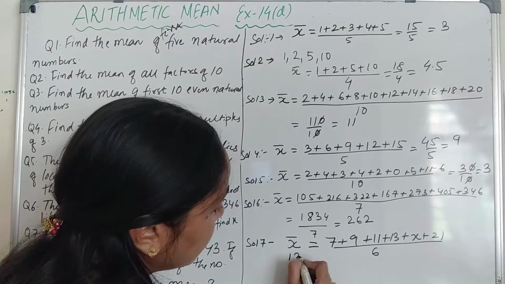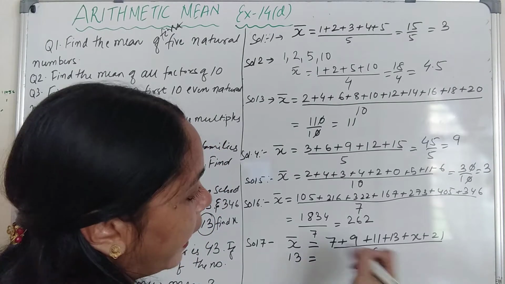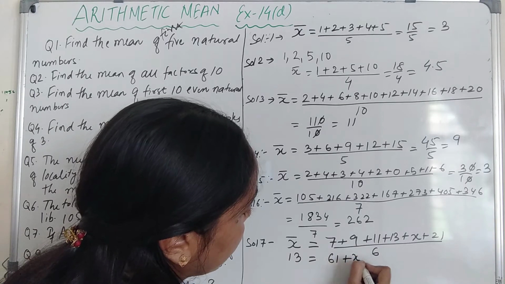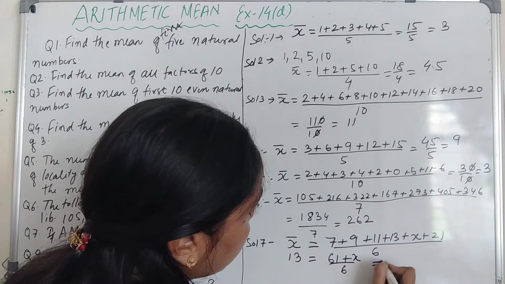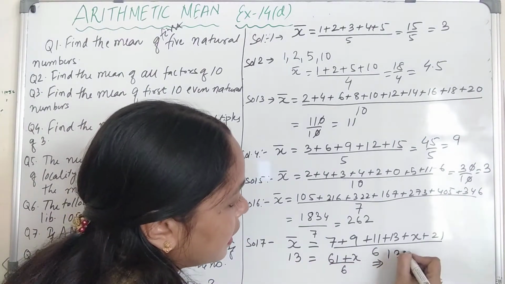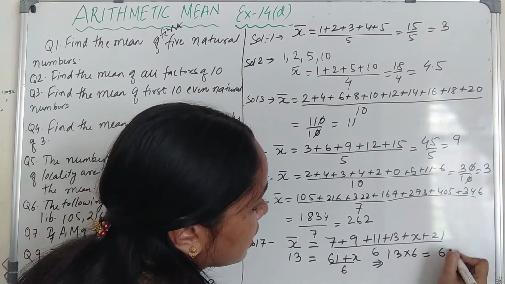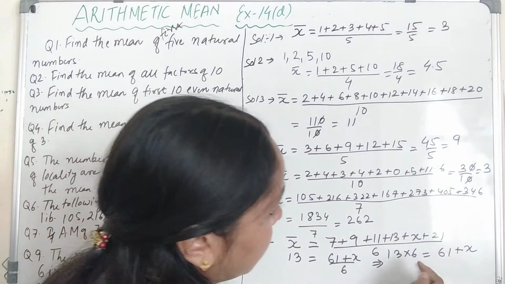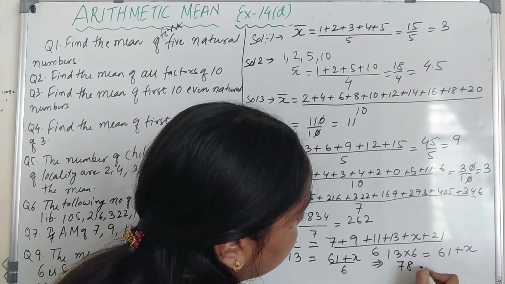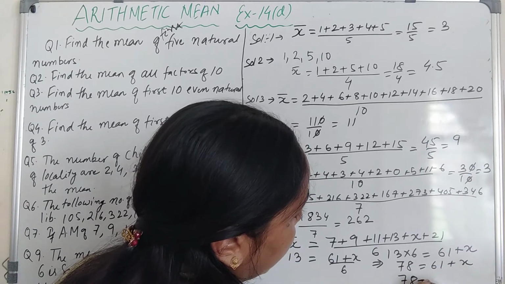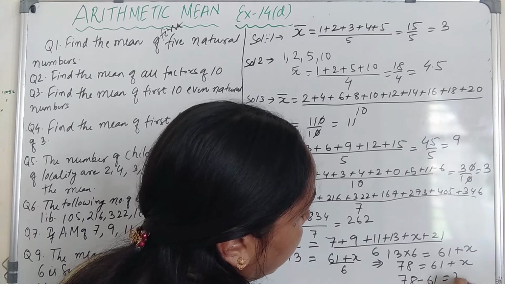So write down here 13 is equal to, add all the numbers. If you add all the numbers, you will get 61 plus x by 6. Make 6 here. So 13 into 6 is equal to 61 plus x. 13 into 6 will be 78 is equal to 61 plus x. 78 minus 61 equal to x.